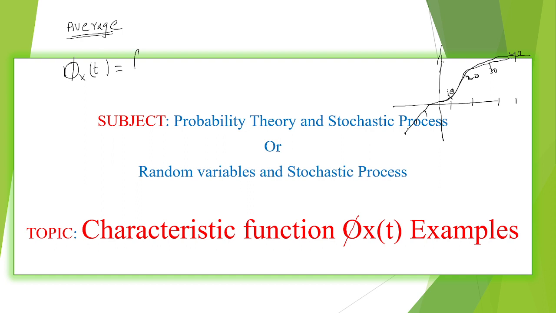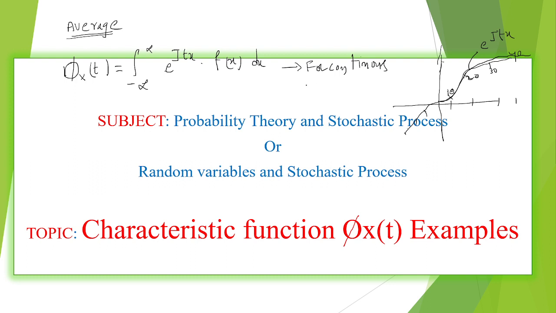For a continuous random variable it is denoted with the integral from minus infinity to plus infinity of e power jtx into f of x dx. Here e power jtx includes both real and imaginary parts of the data.